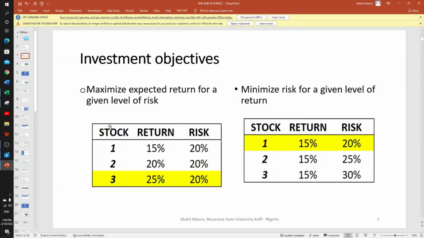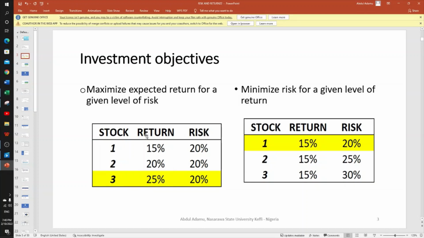If you look at this, we have 3 stocks, and they have different returns. Stock 1 15%, 2 20%, 3 25%. Stock 3 has the highest return.